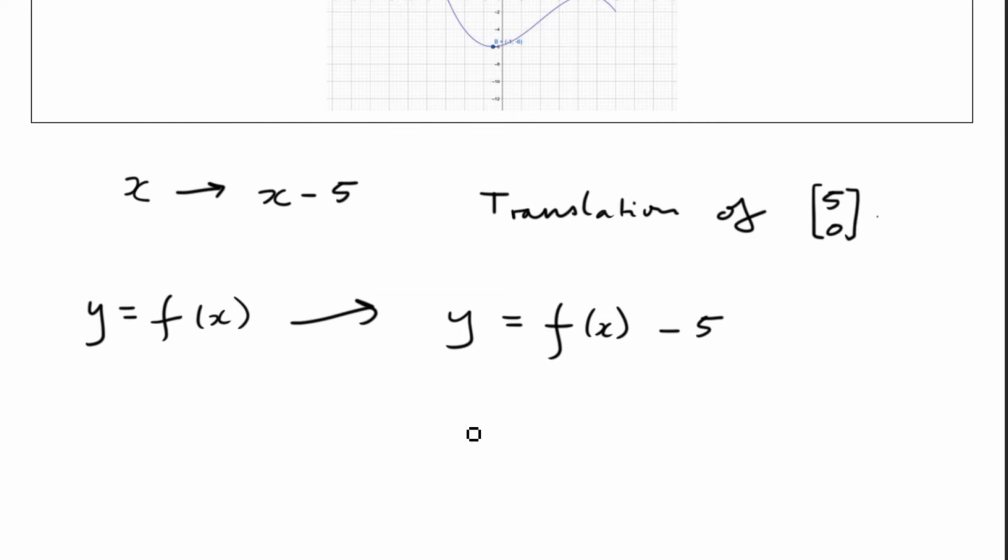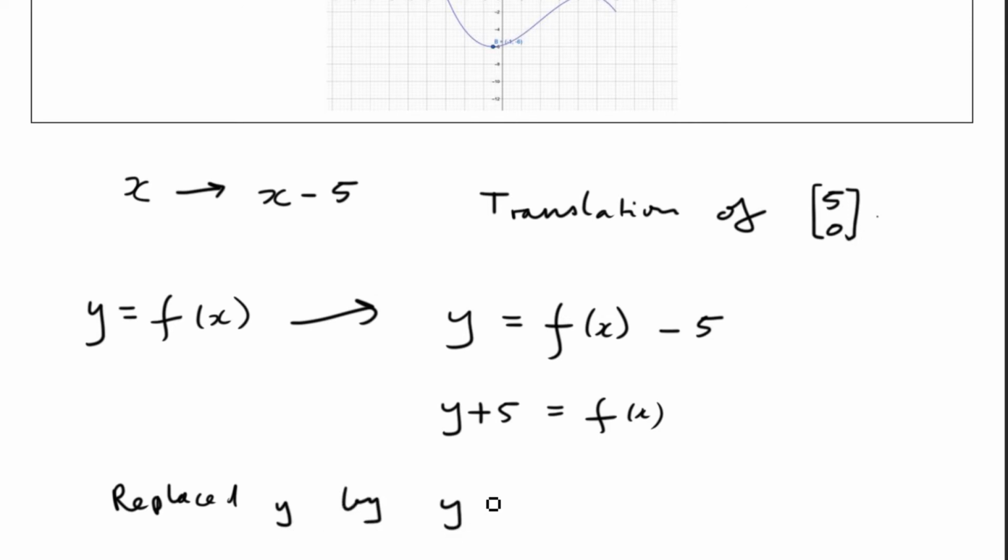But if I write this second form of the equation as y plus 5 is f of x, just moving the 5 to the other side, we can see that what we have done is we've replaced y by y plus 5. And you can write y plus 5 as y subtract negative 5.